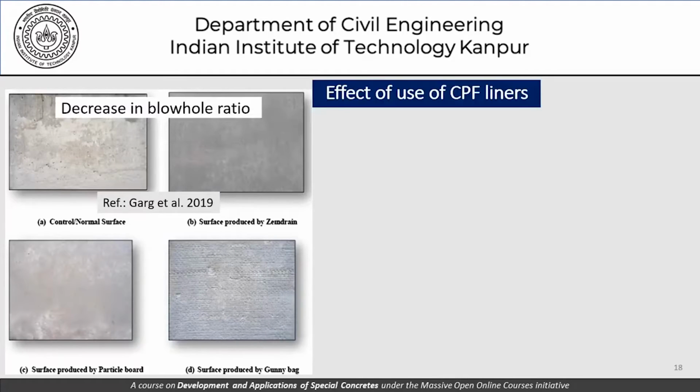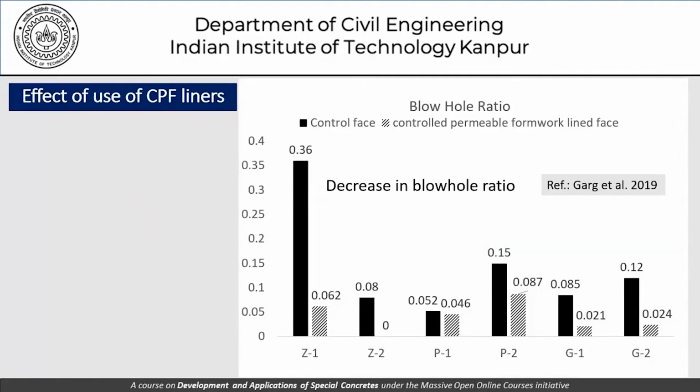Yet another test which was carried out, of course not in the same league as the rapid chloride permeability test or the pull-off test, was to see how the surface looked. That was examined using the blowhole ratio, and we can see that as against this, which is the surface for normal concretes, these surfaces had much fewer blowholes.